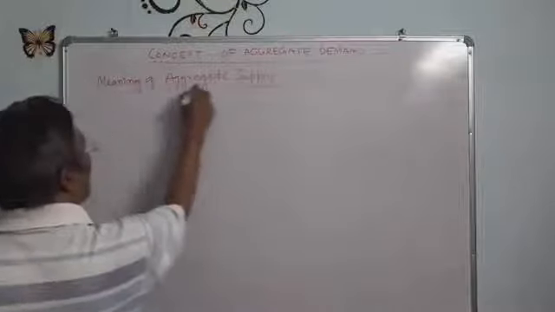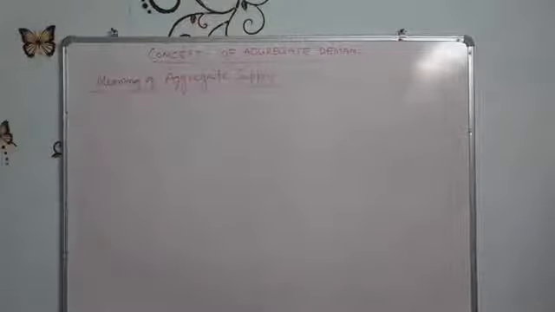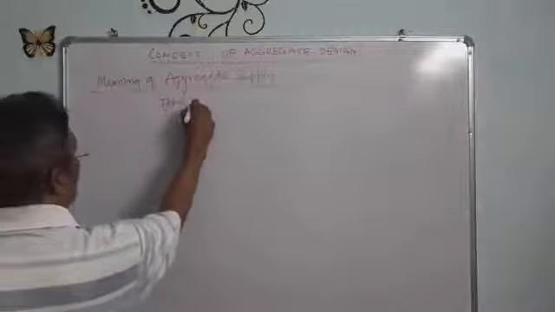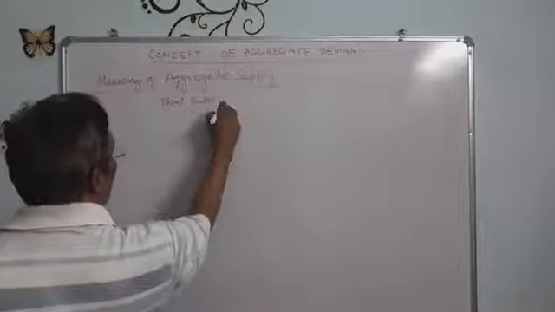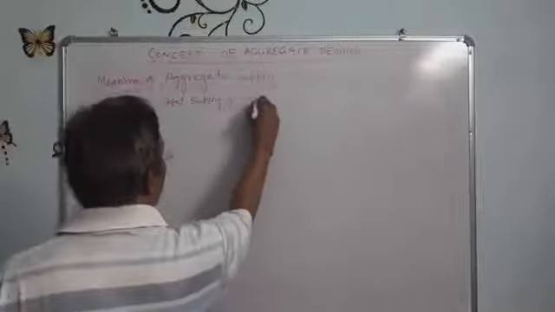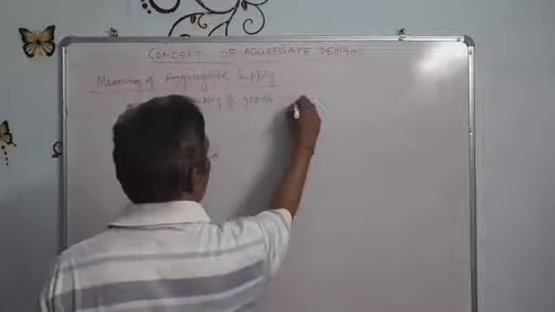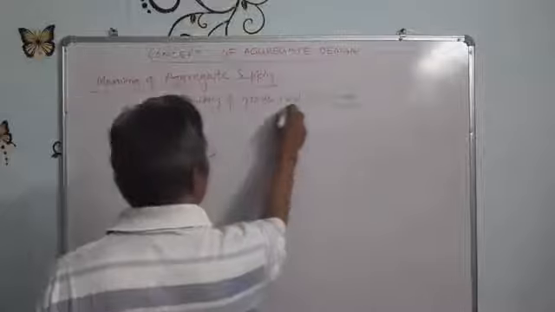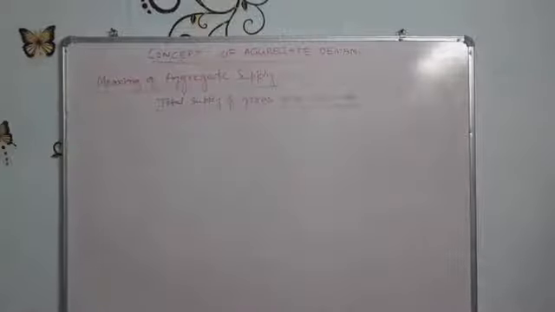Meaning of aggregate supply. What do we know as aggregate supply? Aggregate supply is the money value of the total supply of goods and services. Who is supplying? The producers.